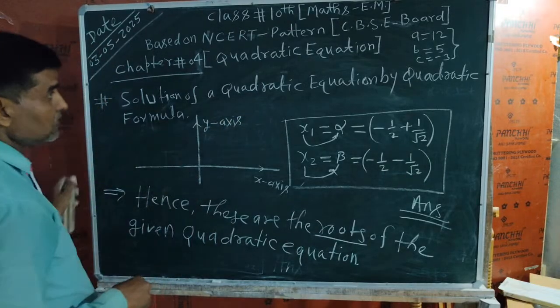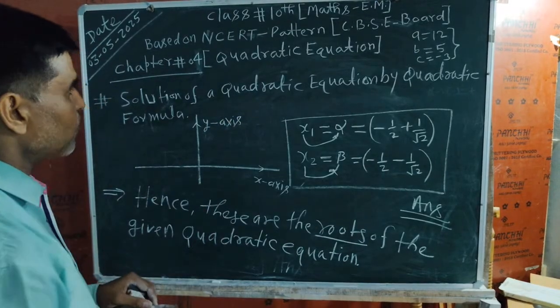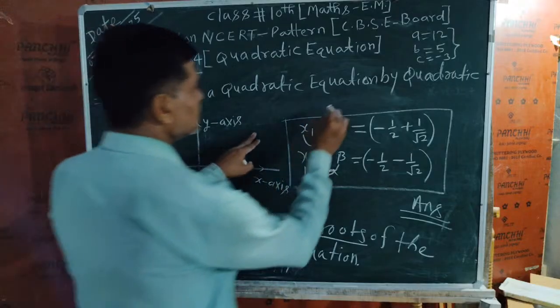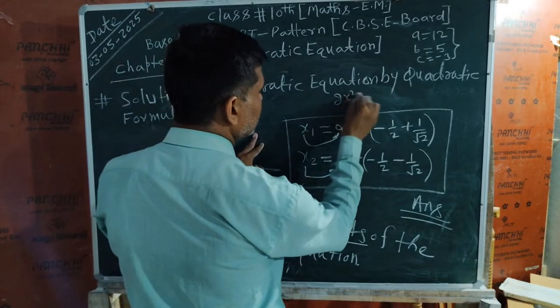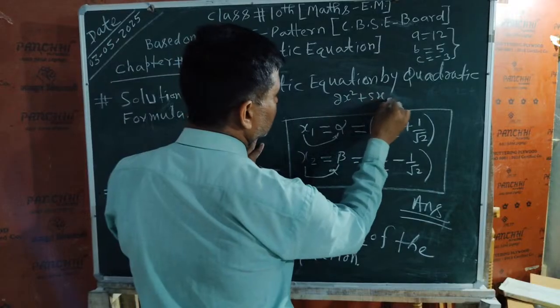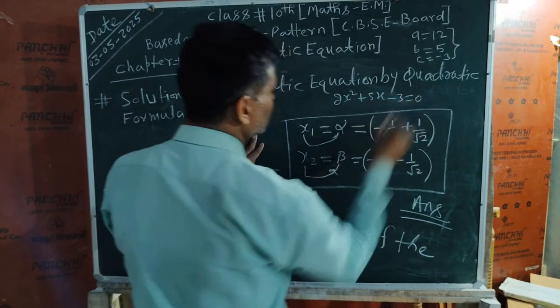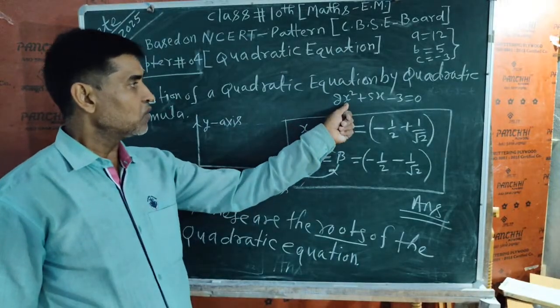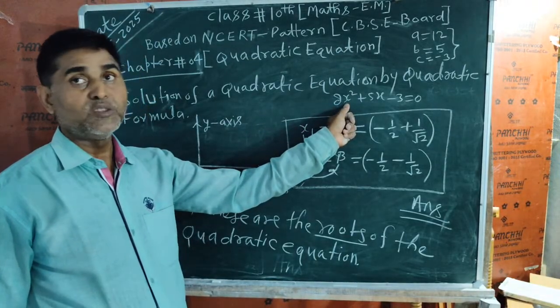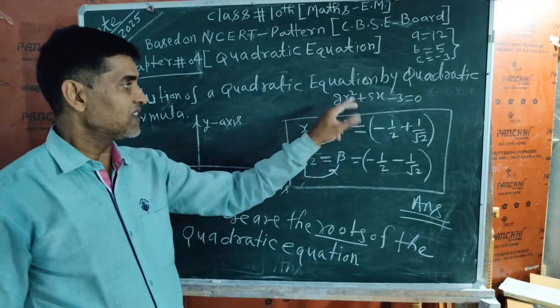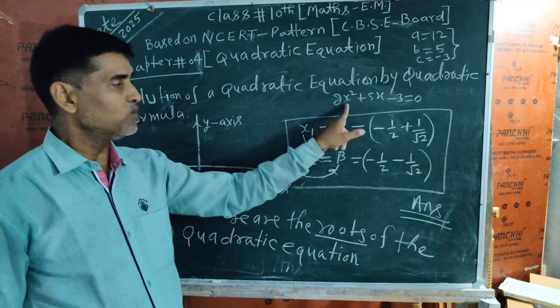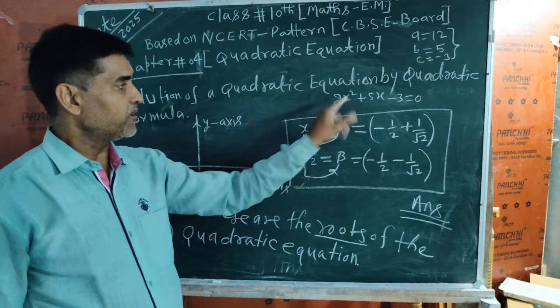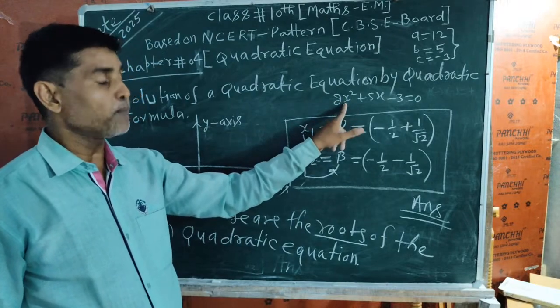Now the given quadratic equation was 8x square plus 5x minus 3 equal to 0, because here the coefficient of x square is positive. It means that this curve will open upward.